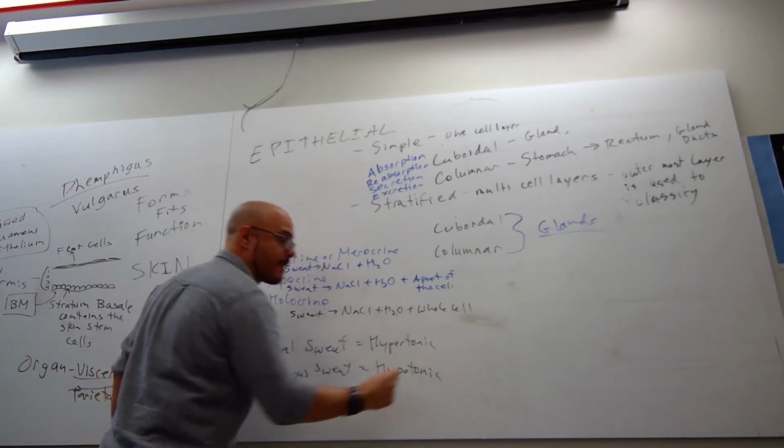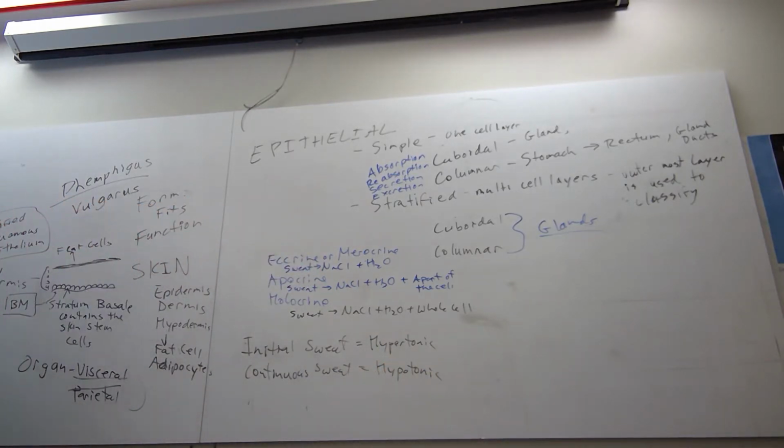Anybody know why? When I first sweat, large amounts of salt are being secreted, but as time goes on and I continue to sweat, I'm only putting water out and not salt. Because the body wants to retain the salt. Oh, okay, so the body wants to retain the water. You don't have any more salt, so you run out of salt.